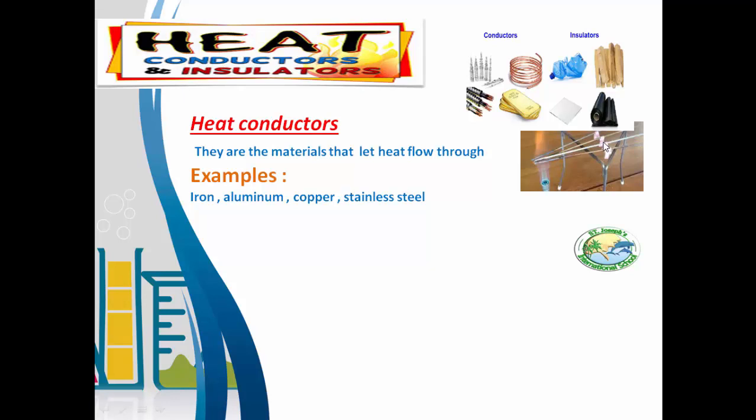We will see that the office pin stuck in the copper rod falls first, after this the aluminium one, and finally the iron one. So we can say that copper conducts heat faster than aluminium, and aluminium conducts heat faster than iron.